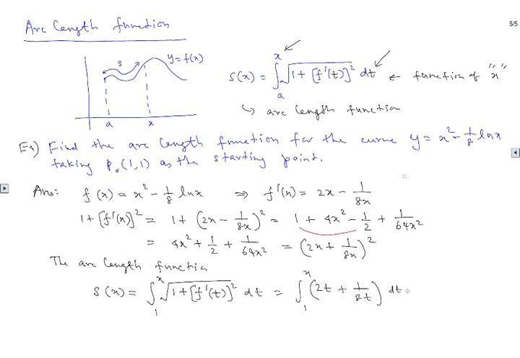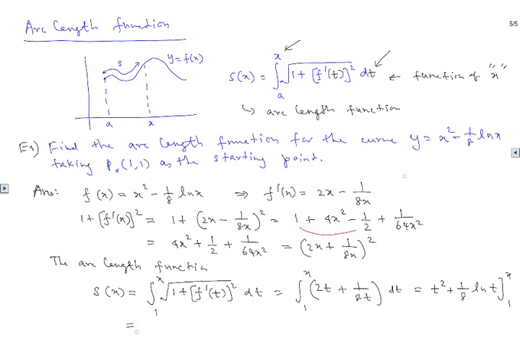These are very easy integrals. So if you integrate, you're gonna get t squared, and then plus 1 over 8, this is 1 over t, that means ln t, evaluated from 1 to x.